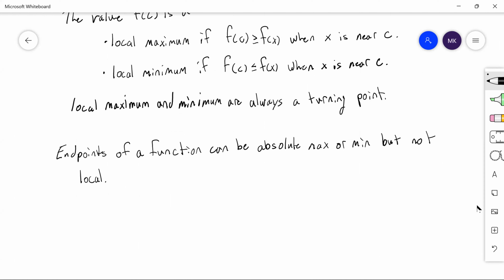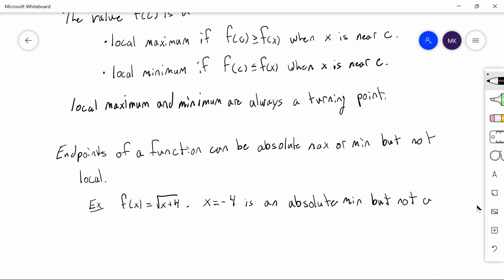For example, f of x equals the square root of x plus 4. Then x equals -4 is an absolute minimum, but not a local minimum.